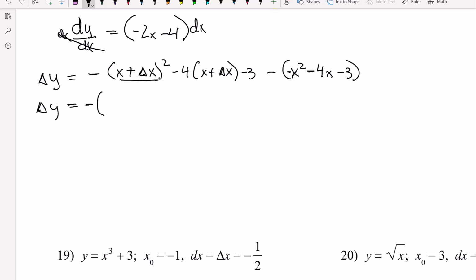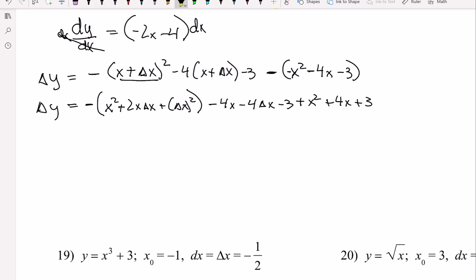So when we square this, it becomes x squared plus 2x delta x plus parentheses delta x squared, subtract 4x, subtract 4 delta x, subtract 3. Now there's a subtract on the outside, so each one of those, subtract a negative, that's going to be add a positive. Add x squared, add 4x, add 3.